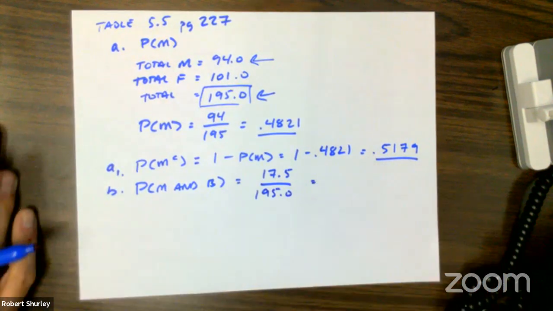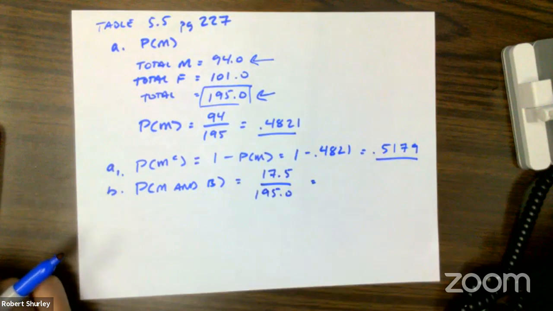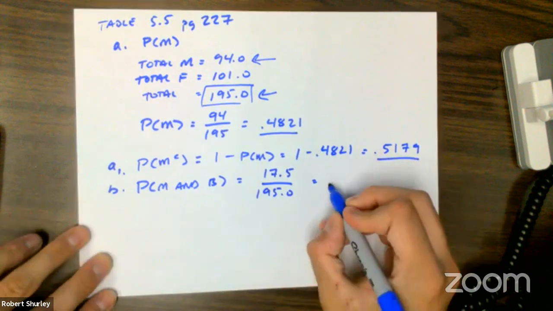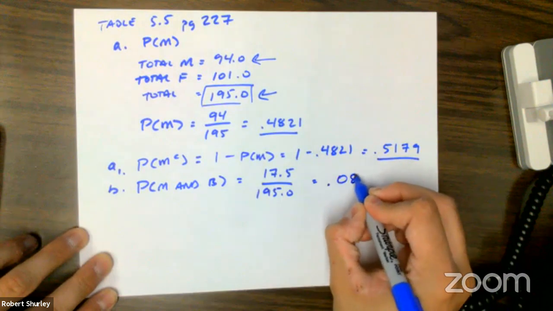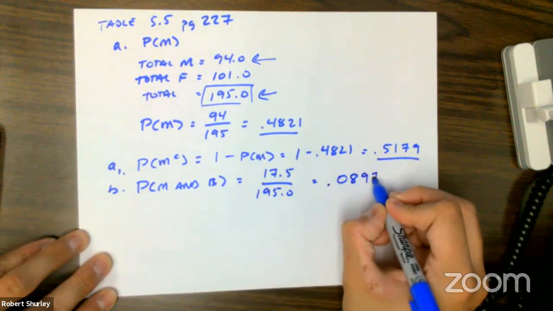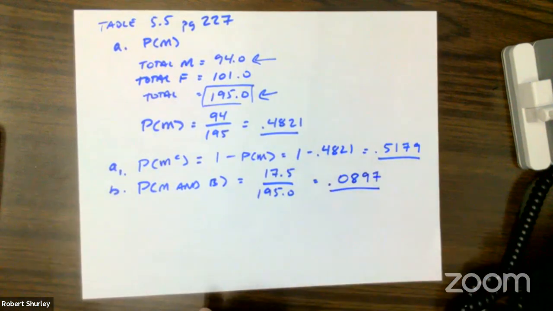So it's just 17.5 divided by 195, so 0.0897. 0.0897 is the probability that you are a male and you hold a bachelor's degree.